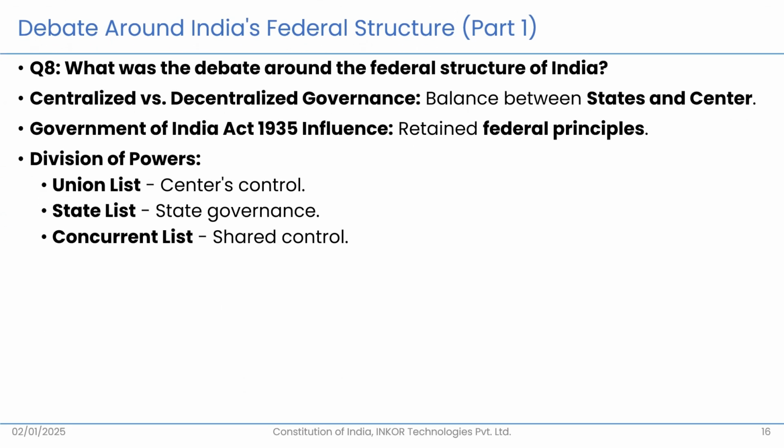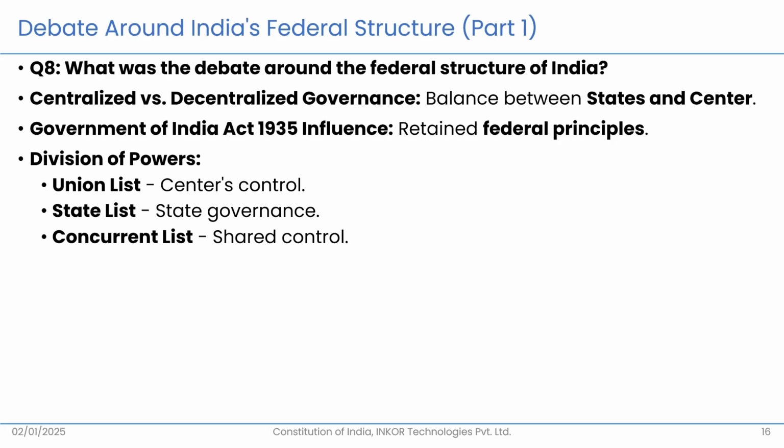One of the biggest debates in the Constituent Assembly was about India's federal structure, whether to have a strong central government or grant more autonomy to states. Some members wanted a decentralized system, where states had more control, while others believed a strong central government was necessary to maintain national unity. The Government of India Act 1935 played a key role in shaping federalism.